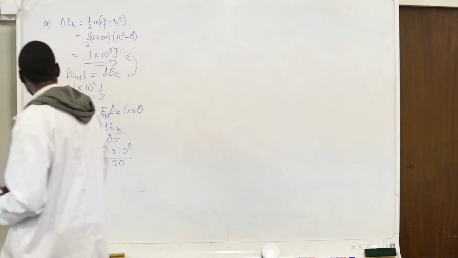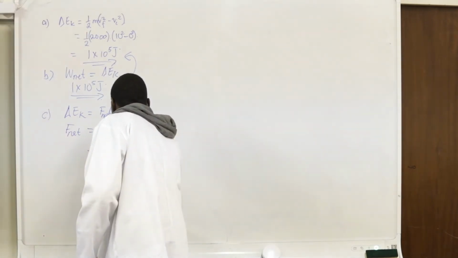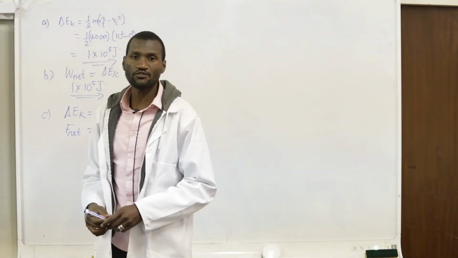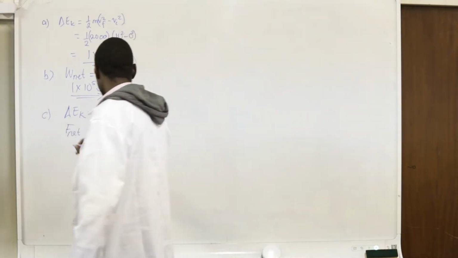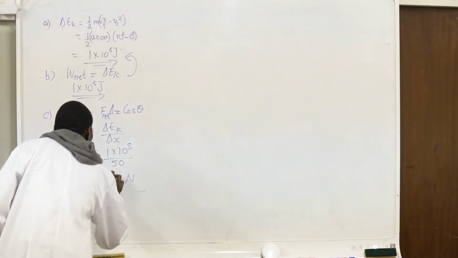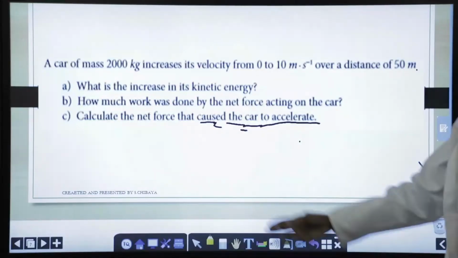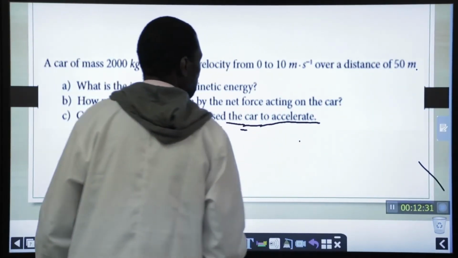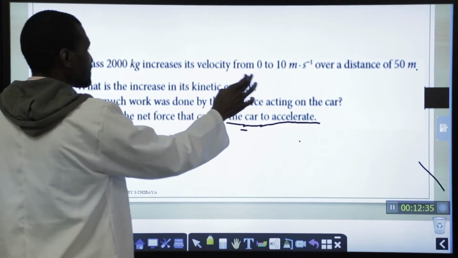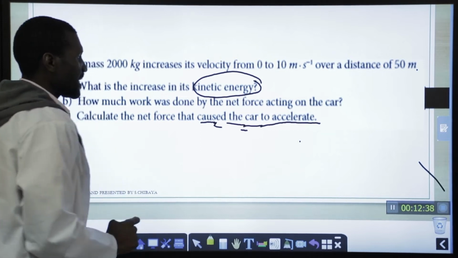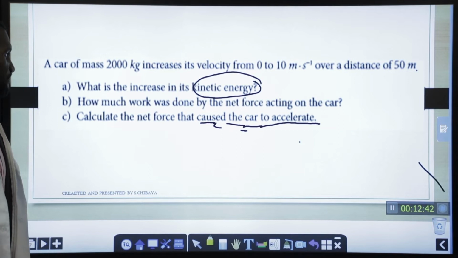And our final answer is, pull out your calculator. Remember, your force is measured in newtons. 1 times 10 to the power of 5 divided by 50 will give you, that's an easy one, 2,000 newtons. All right, so that's a simple question on using our understanding of kinetic energy and the work energy theorem.